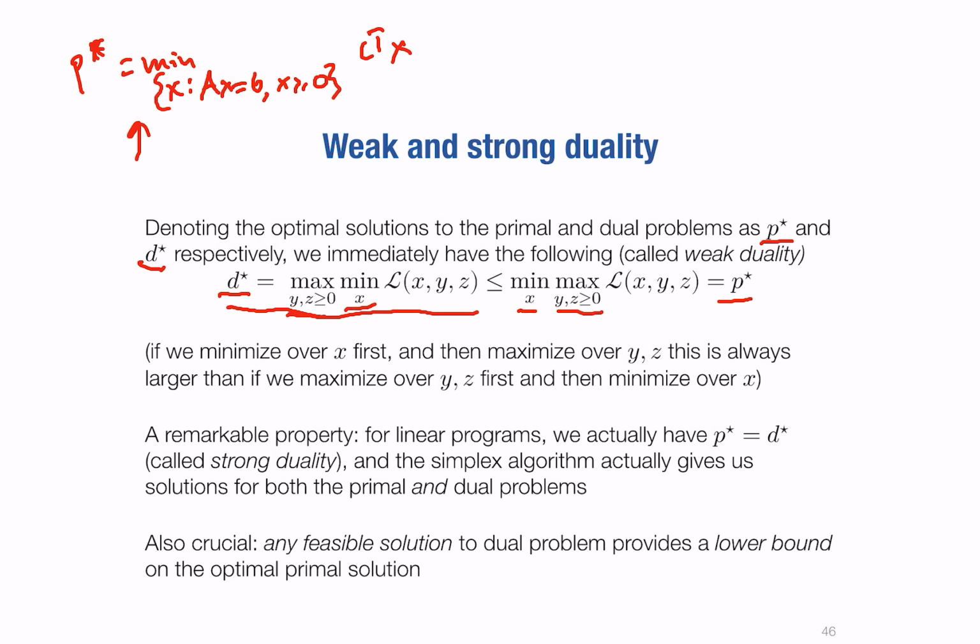The player that gets to move second always has the advantage because they already know what the values of x are. So doing it in this order will always lead to a larger objective than doing it in the other order.